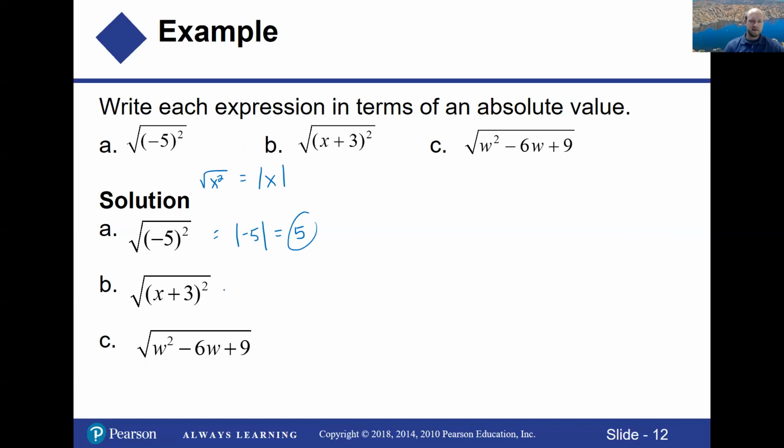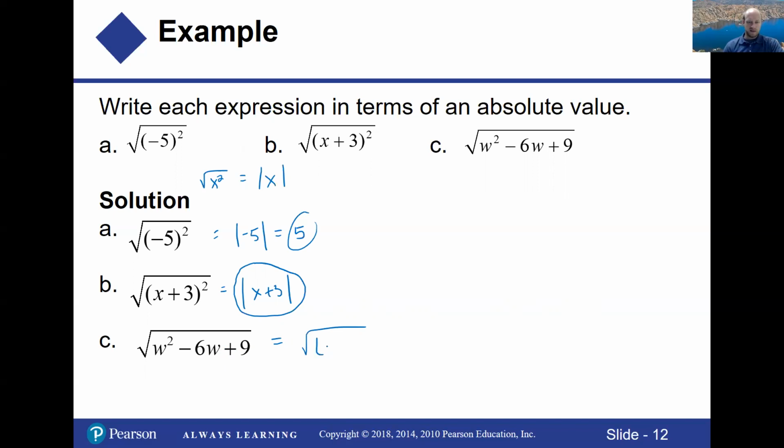Same case here. I would have the absolute value of this expression, x + 3. And since nothing is negative here, I don't have to worry about this. This actually is the answer. And then in this case, I would have to do some factoring like we did in our first chapter, chapter 6. So I can factor this guy.